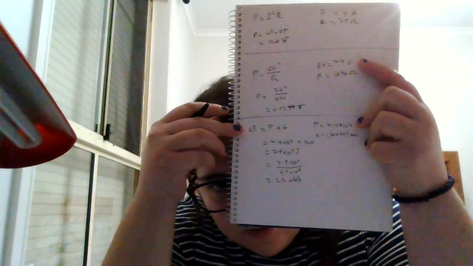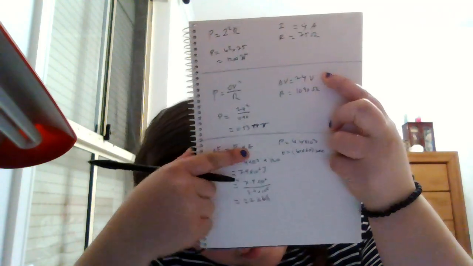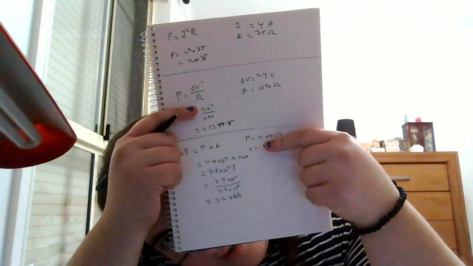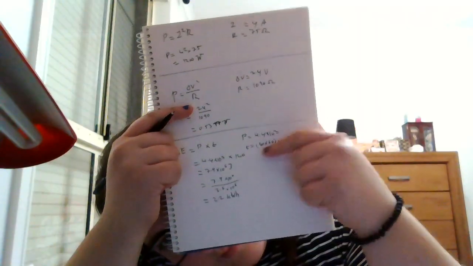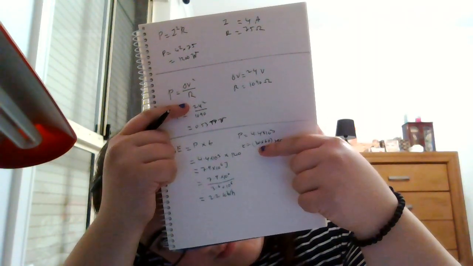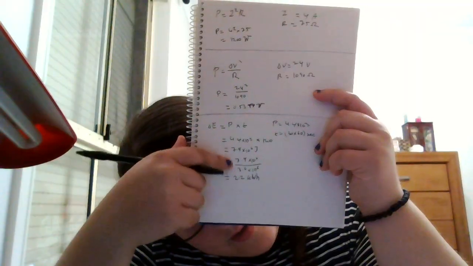So this is what that looks like. Change in energy is equivalent to power times by time. Our power is 4.4 times 10 to the 3 watts, and our time is 30 times 60 seconds. We plug all that information in and we get our final answer in kilowatt hours. Now we know how much energy we're actually using.